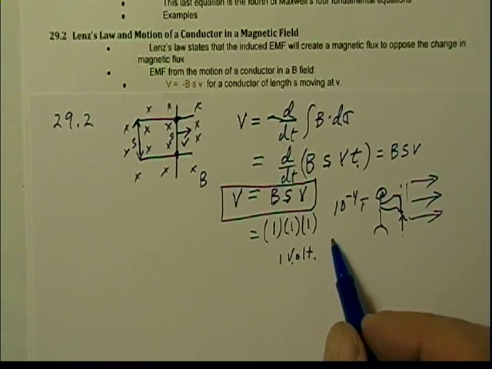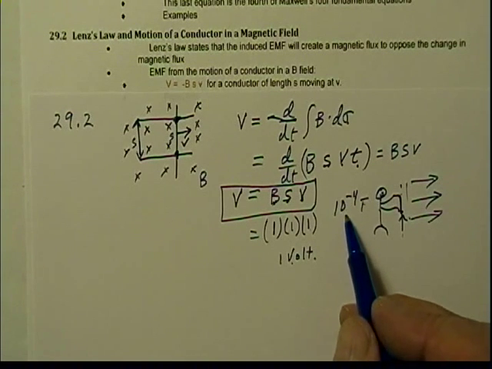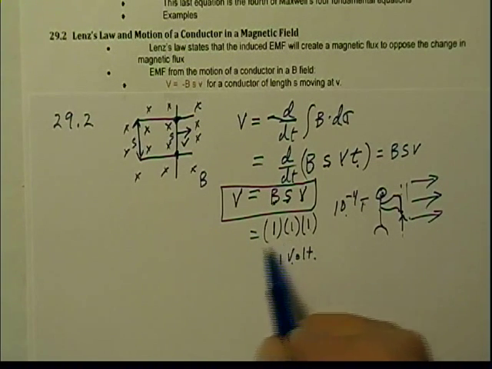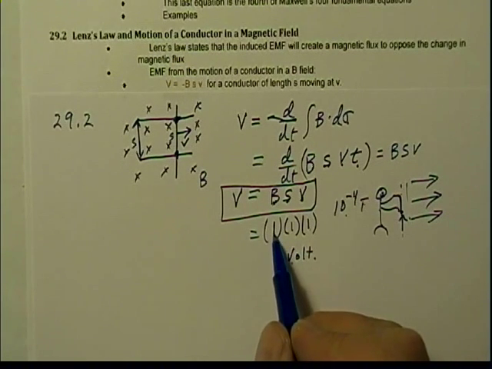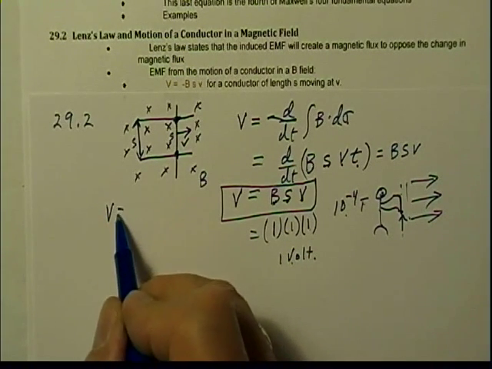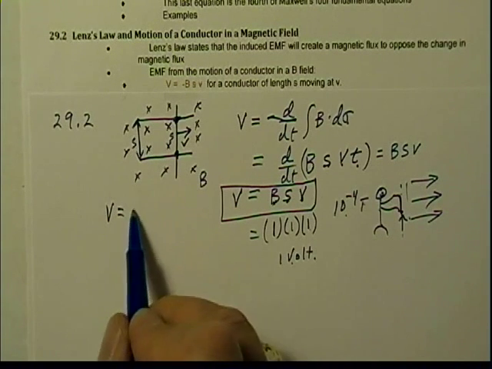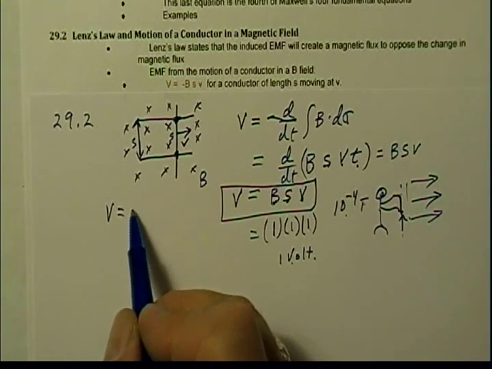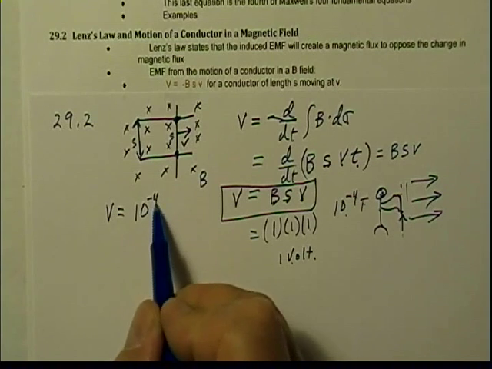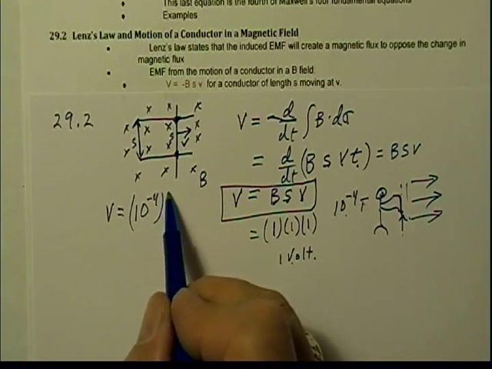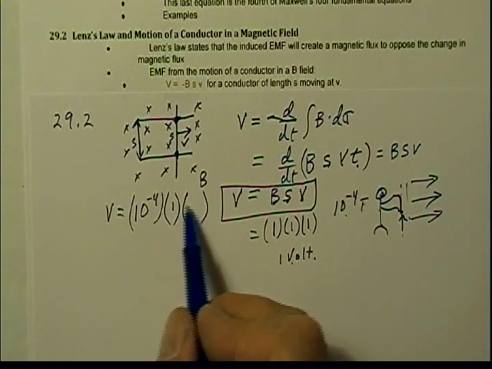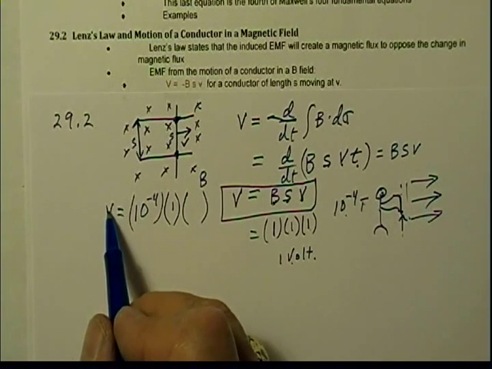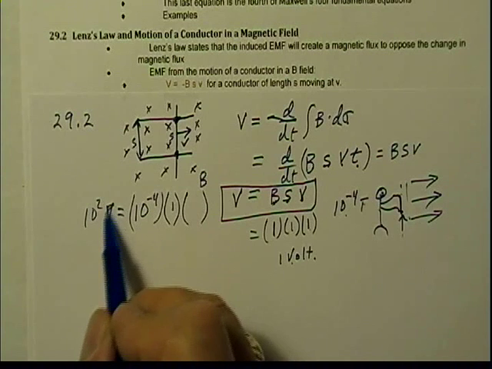To get 100 volts, which would be enough to really shock him, since the magnetic field B is so small, he'd have to get a voltage that's large. He would say, okay, I'm going to take the Earth's magnetic field, 10 to the minus fourth Teslas, take a 1 meter length, and I've got to move it at what speed in order to get a voltage of 100, or 10 to the 2.